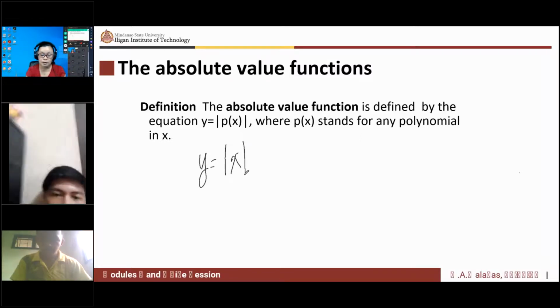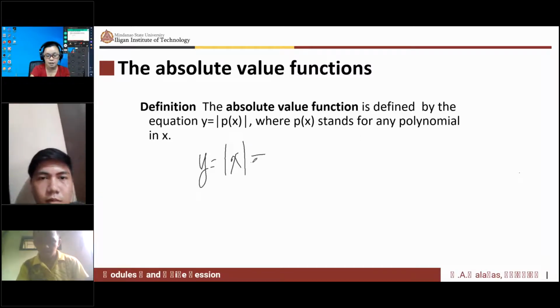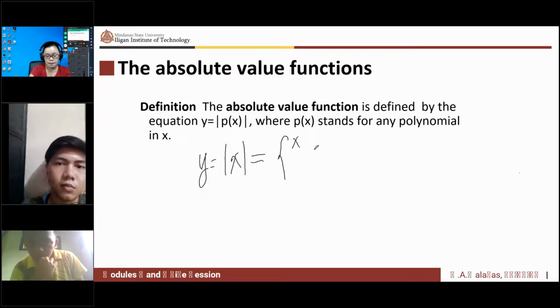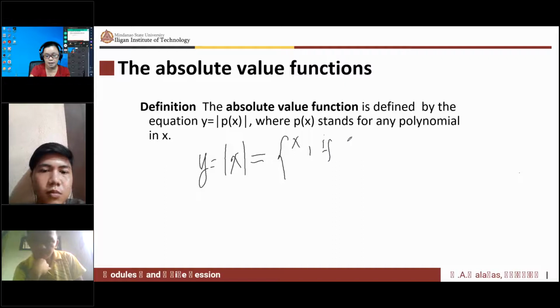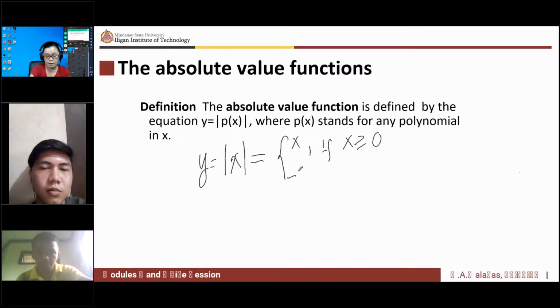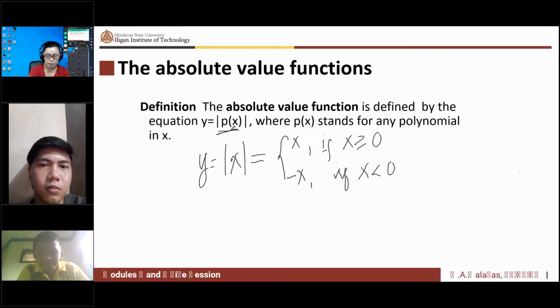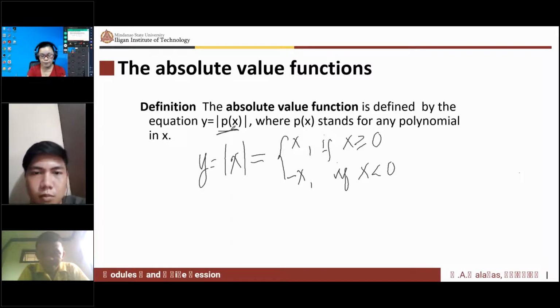If you recall the definition of the absolute value, this is just x if x is greater than or equal to 0, negative x if x is less than 0. However, this is just a very simple absolute value function, but this p of x here can be of the form of any polynomial.